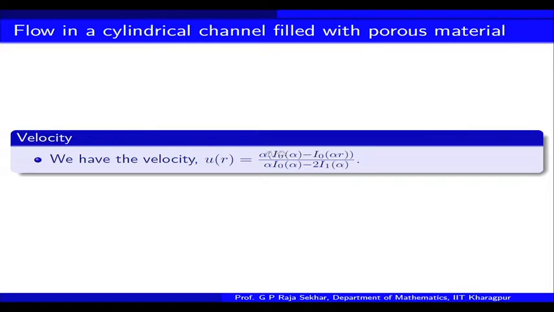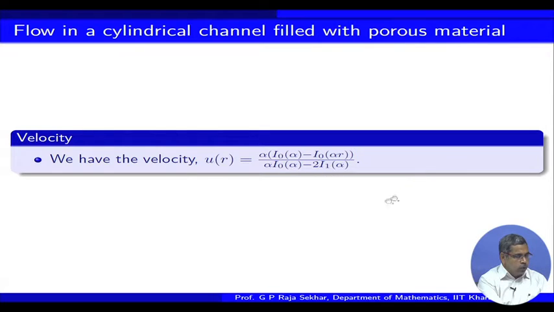So, one good exercise here is to consider the large Darcy case, that is alpha small, and then expand these modified Bessel functions of order 0 and 1, and then take the limiting value to see that this solution indeed agrees with the Hagen-Poiseuille flow. That is a good exercise one can do.